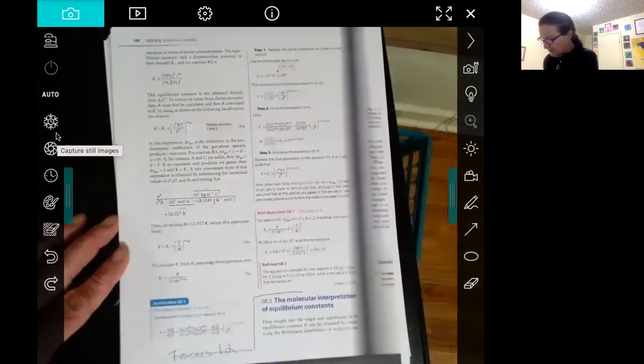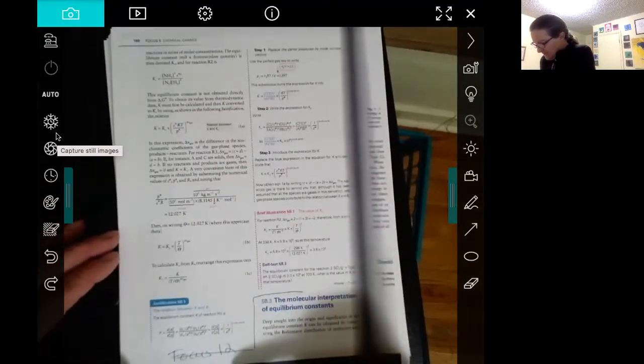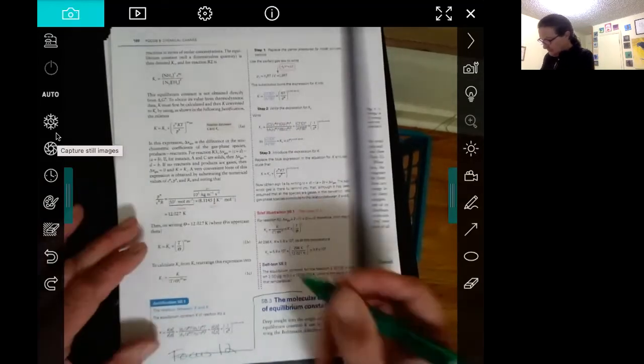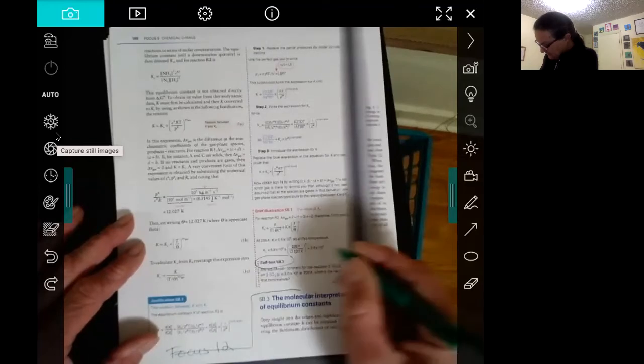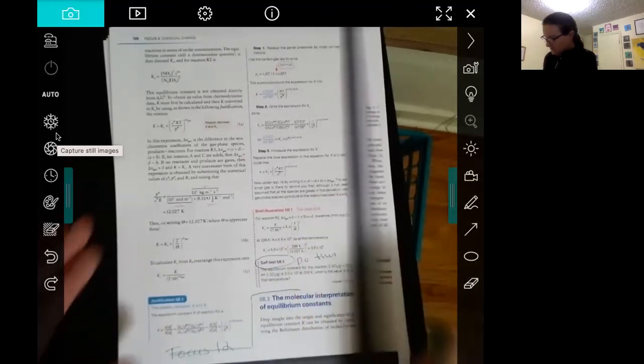So this is just going through that process of converting a K to a Kc. And then an example. So you can go ahead and do this one. Self-test 5B.3, just to practice.